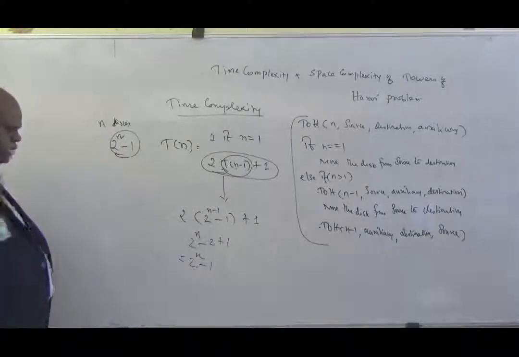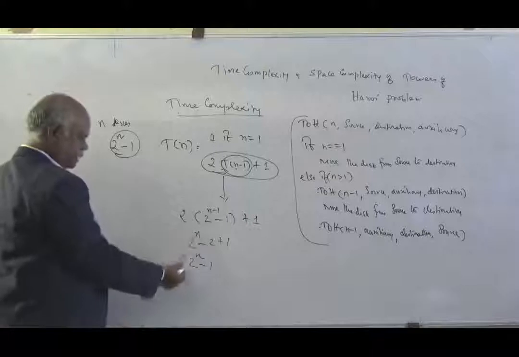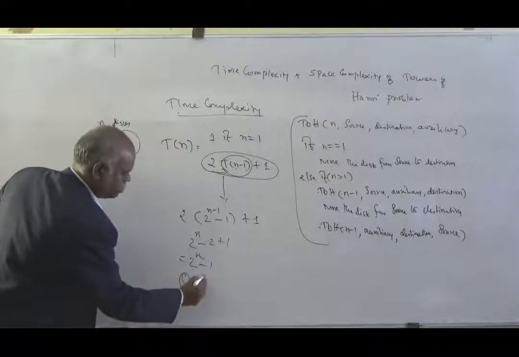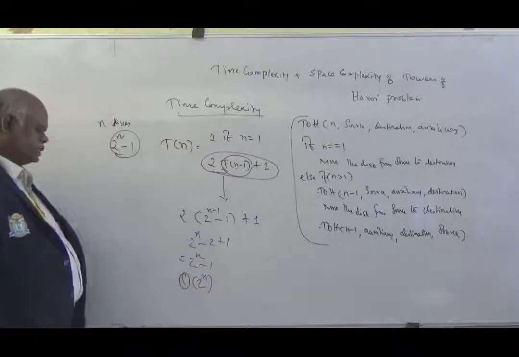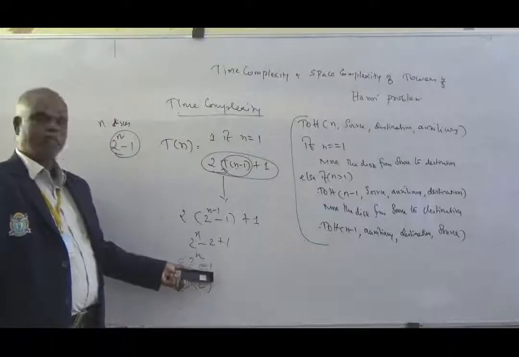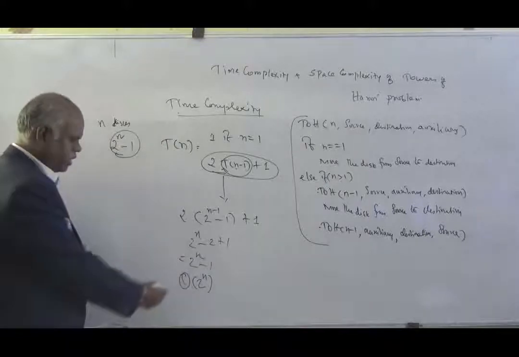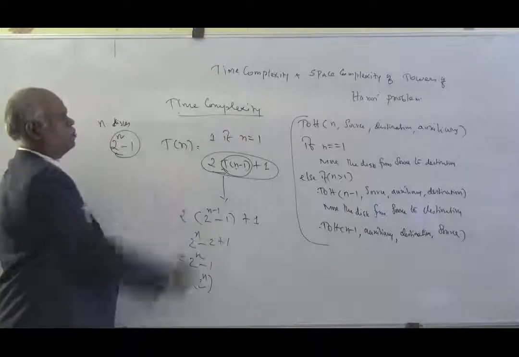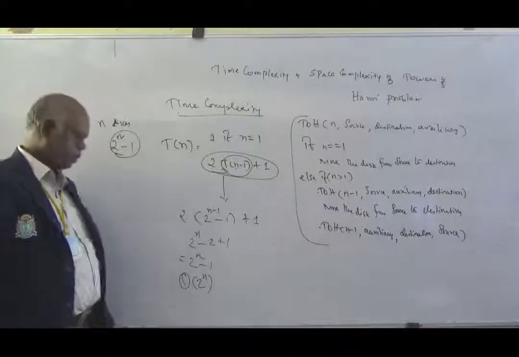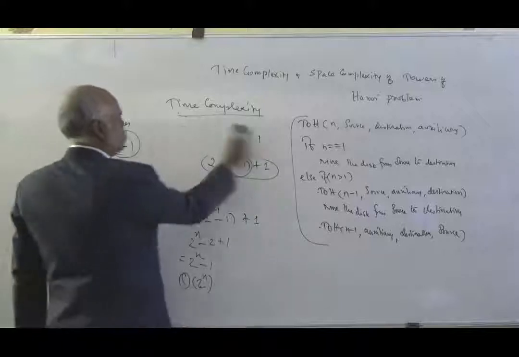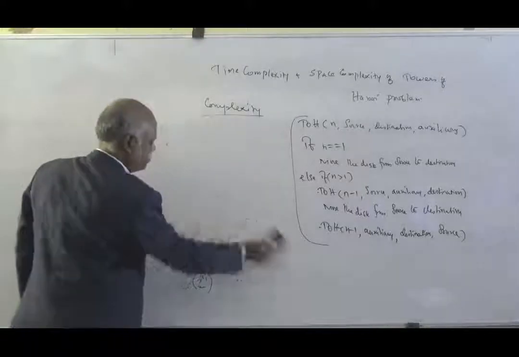As we know, time complexity is expressed in order notation, that is O of 2 to the power of n, because this 1 is negligible when the n value increases. So we can say that the time complexity of the towers of Hanoi problem is order of 2 to the power of n. Now we see space complexity.